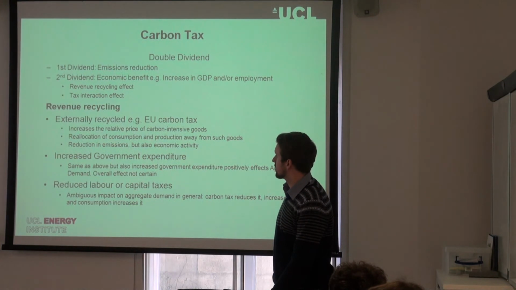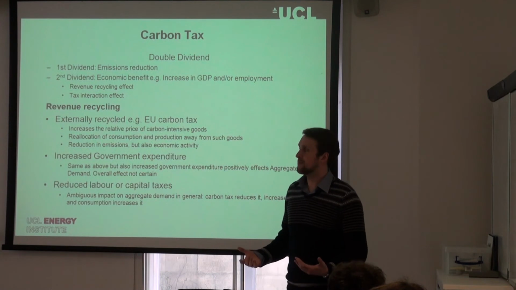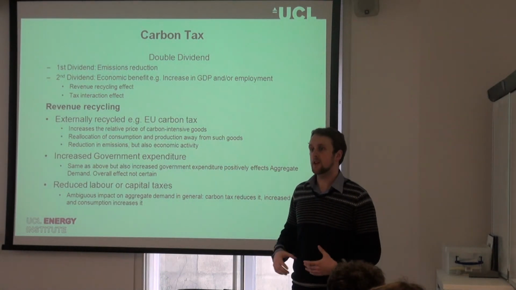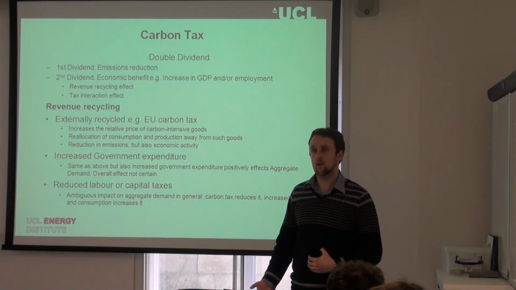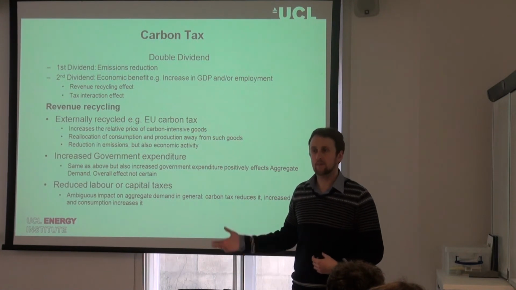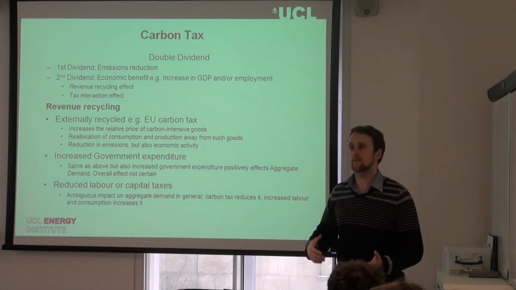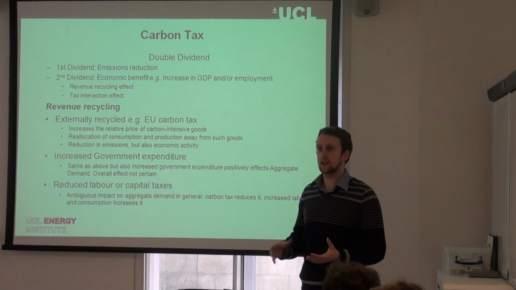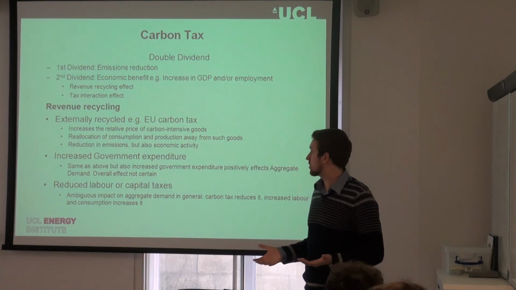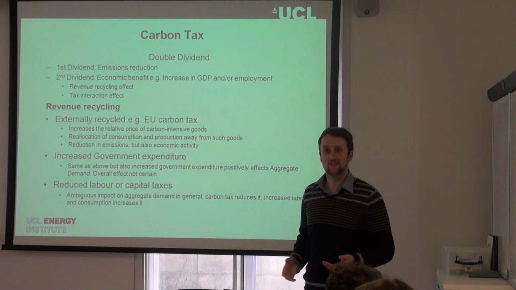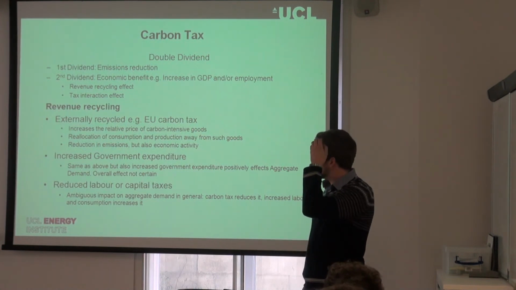So I looked at three different scenarios. One where basically the revenues are taken and not put back into the economy. My theoretical understanding of that would be something like it's taken by the EU and not spent.